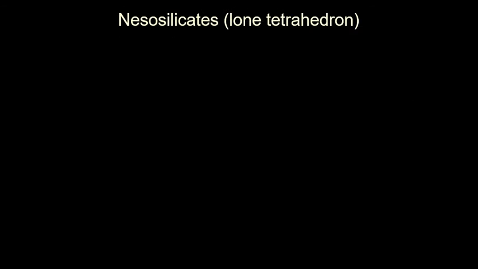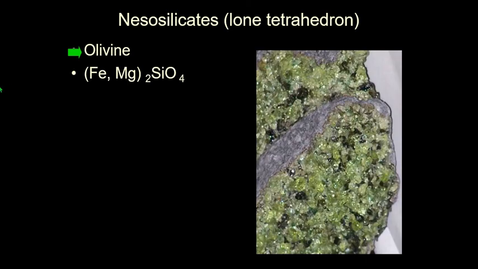So, as I say, don't worry about the silicates, but some of the minerals you should know. Olivine is a nesosilicate, which just has lone tetrahedra in between iron and magnesium. And so this is olivine, very nice green mineral.